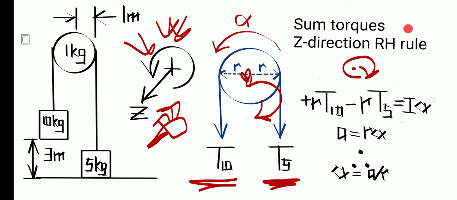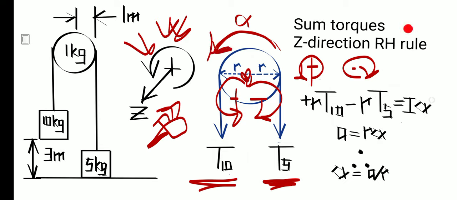And now we look at the T10. It's going in this direction. You can use your right-hand rule, but you can just see it. It's going counterclockwise, and counterclockwise is positive. So it's plus R times T10. And all that equals I, your rotational moment of inertia, times your angular acceleration. Now, remember, we assumed our angular acceleration was going that way.